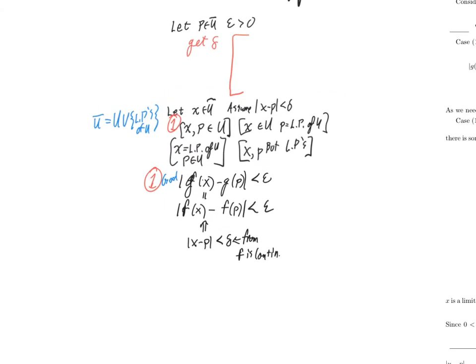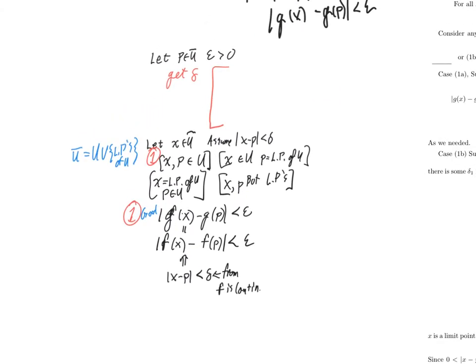Nice, so that's maybe not going to be all I'll need, but for case 1 anyway, I'll use the fact that there exists a delta bigger than 0, such that for all x and p in U, if the absolute value of x minus p is less than delta, then the absolute value of f of x minus f of p is less than epsilon.